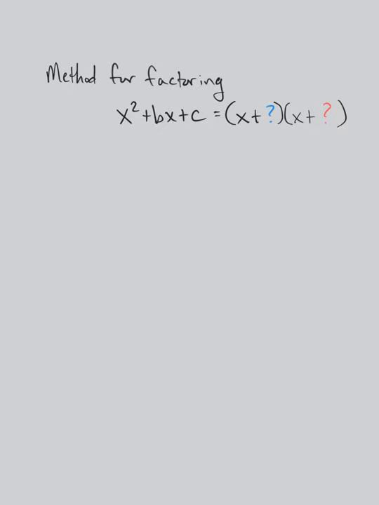Okay, and like we just saw, what we need these two numbers right here to do, they need to multiply to the constant term and they need to add to the middle term. Okay, and so that's the key phrase there, is that you find two numbers. Now, I will tell you this isn't always possible, so I'll add in that caveat right there.